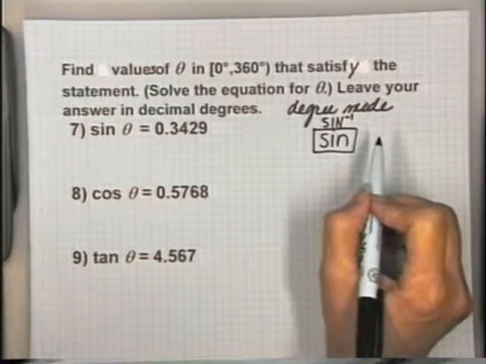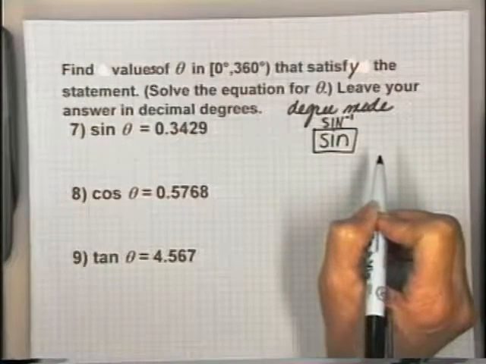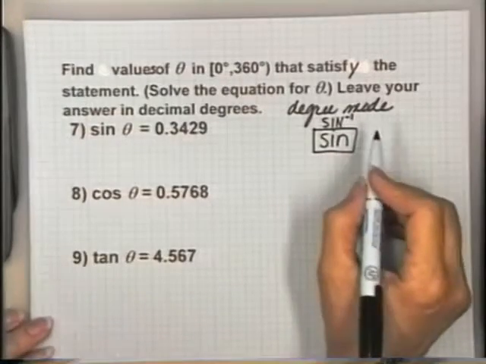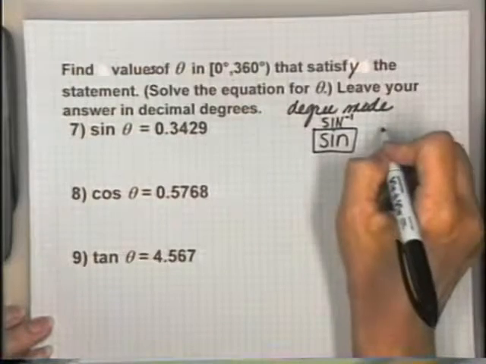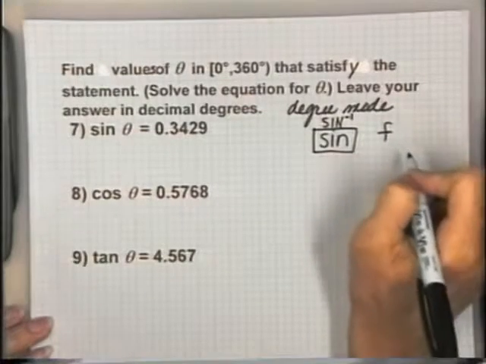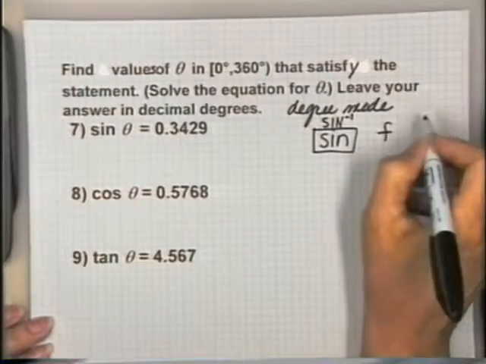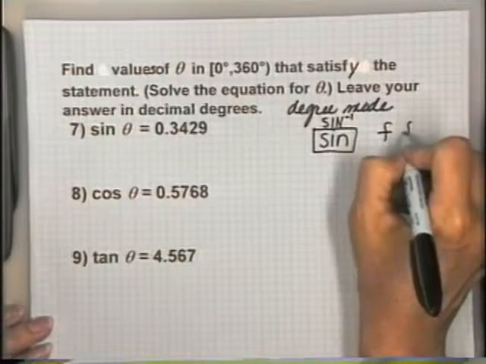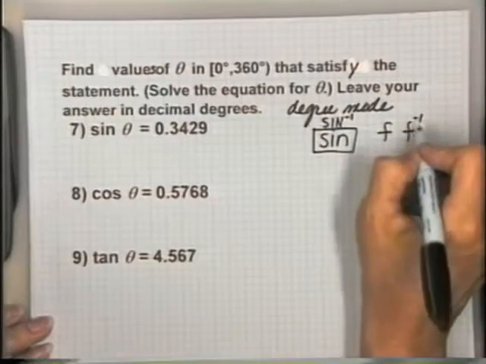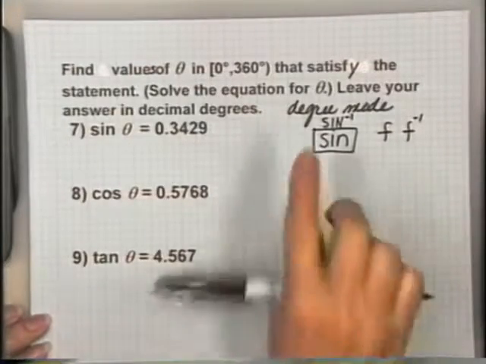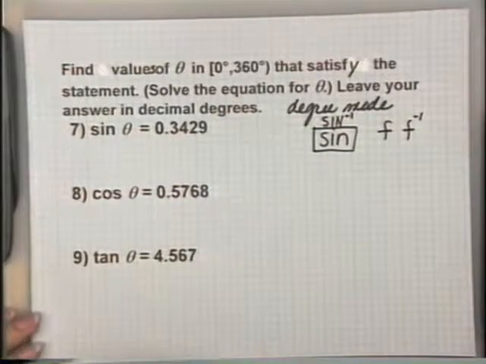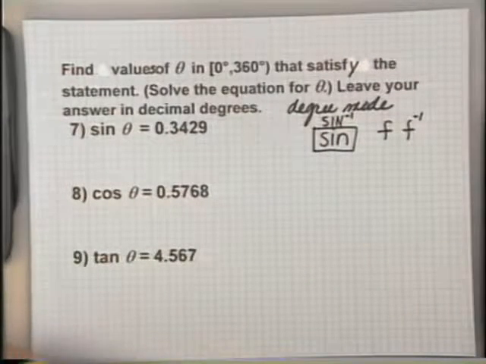And I know that you've learned anything raised to a -1 power is the reciprocal, but that doesn't mean -1 power here. It's like in algebra. When you have a function, when you are asked to find its inverse function, what symbol do you use? You use f, and then you have the -1. Well, that's what sine with the -1 there means.